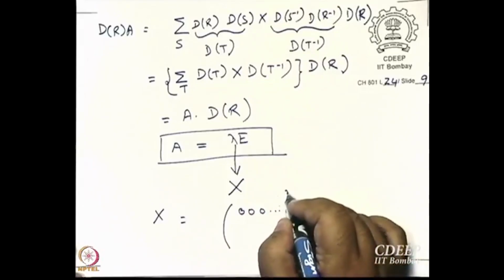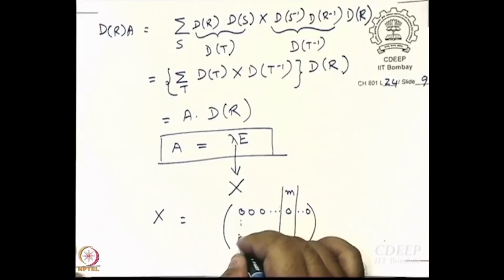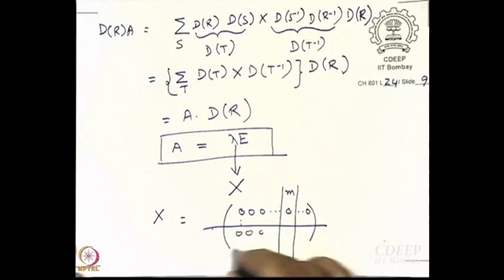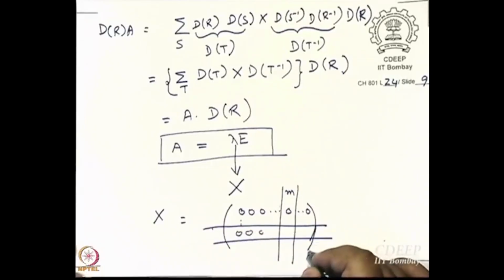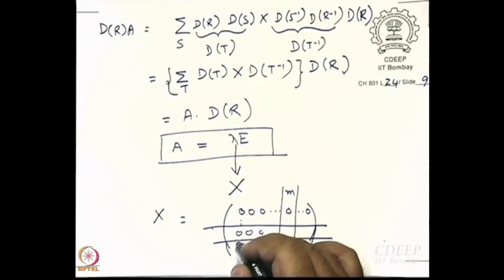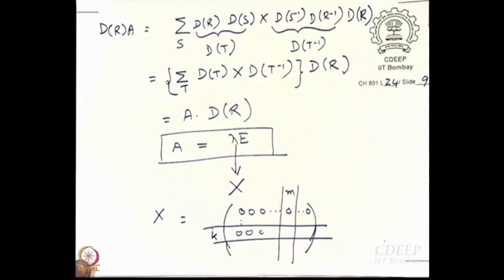Let us say this is the mth column, and let us say, I am very bad at drawing, completely unsymmetric, this is the kth row.